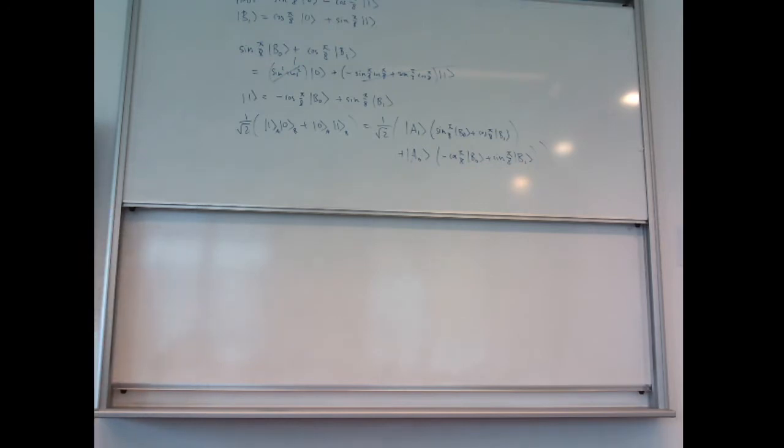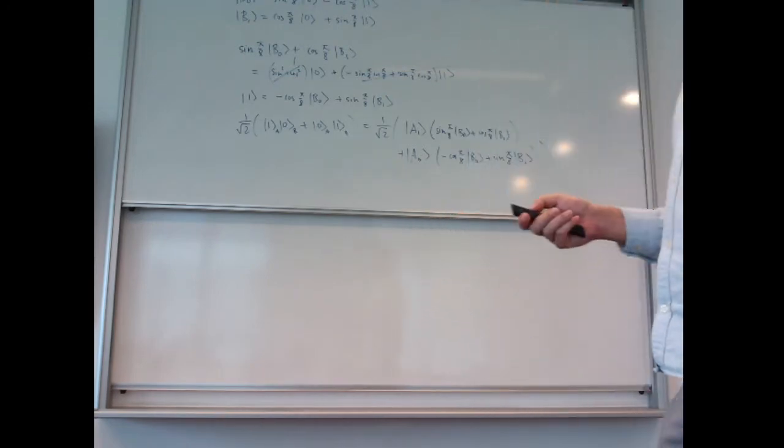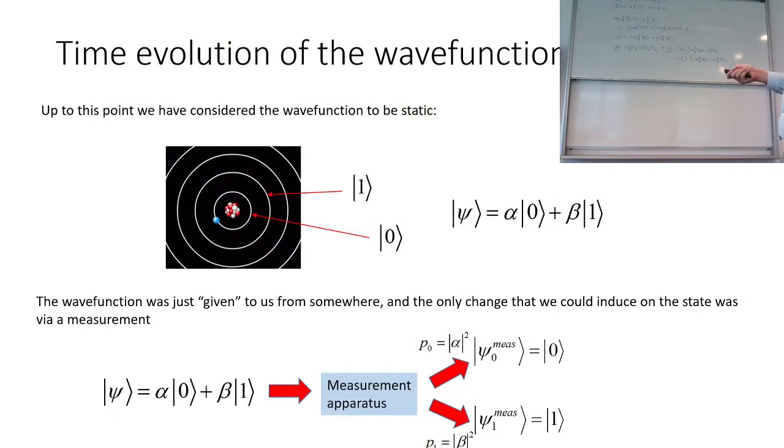Okay, so then let's recap what we were doing last lecture. It's a little while, so let me do a bit of summary. What we're going to now talk about is how the wave function can also evolve in time.